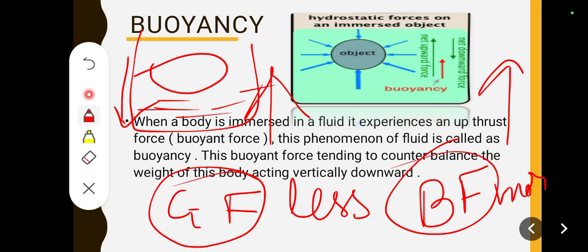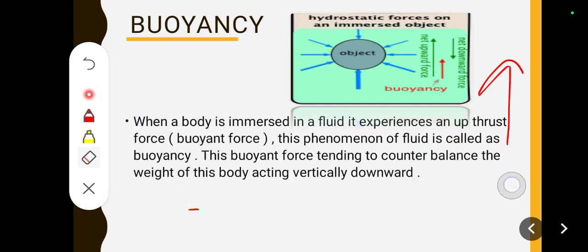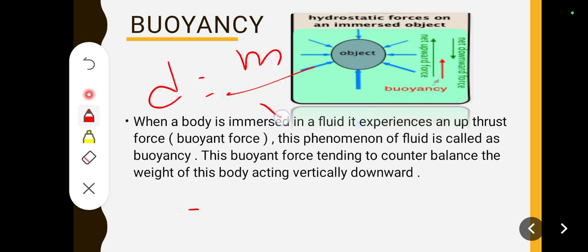One more theory regarding whether an object will float or sink is density. What is density? The mass per unit volume is known as density. d equals m upon v.